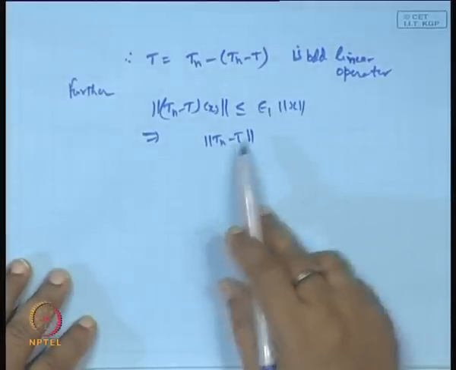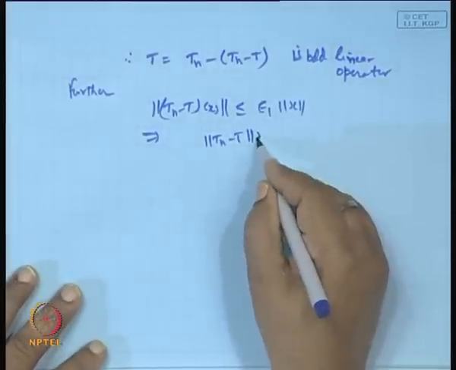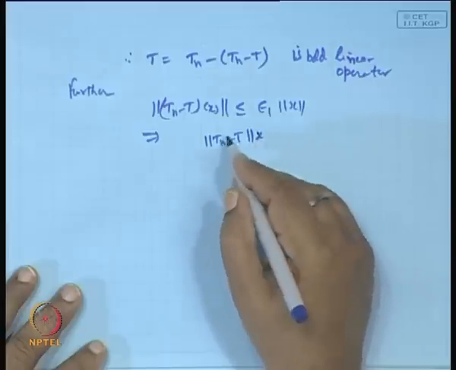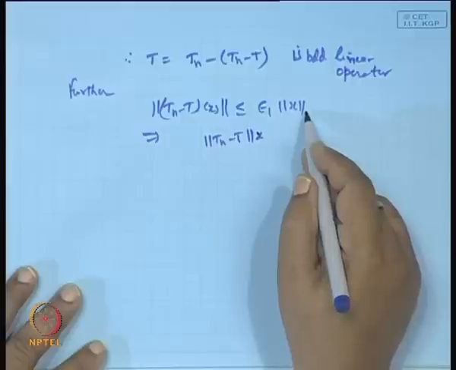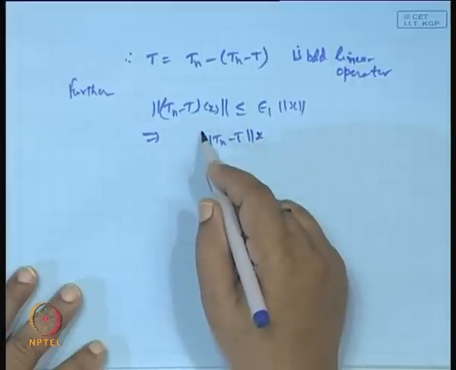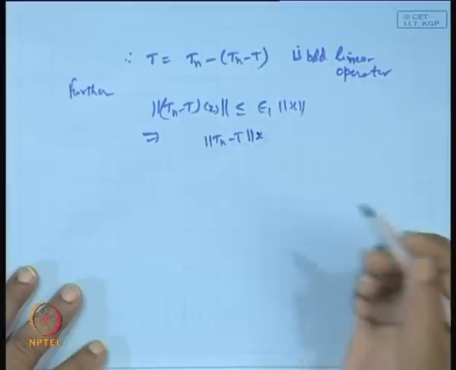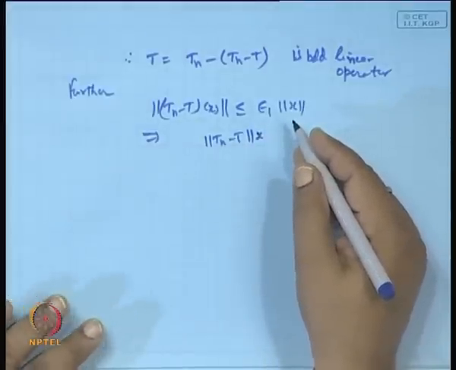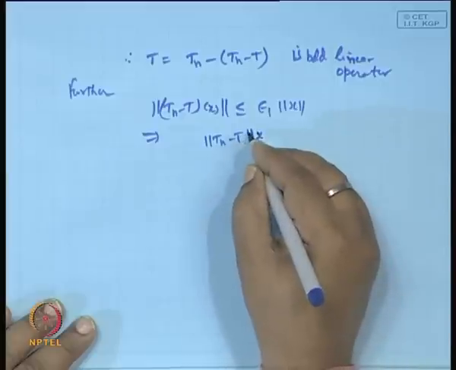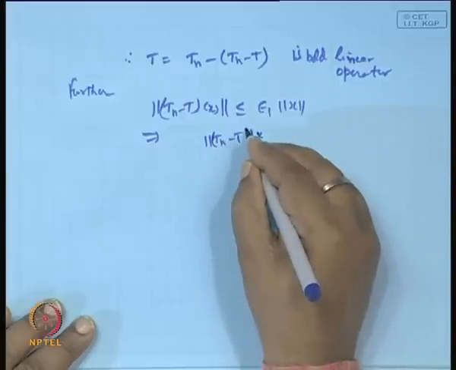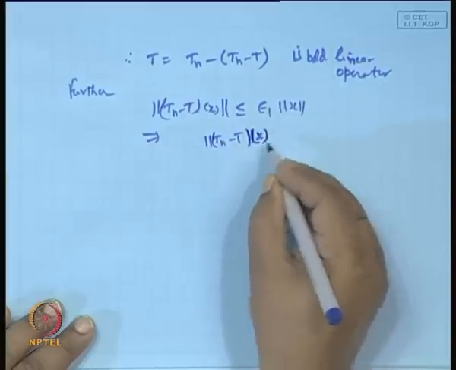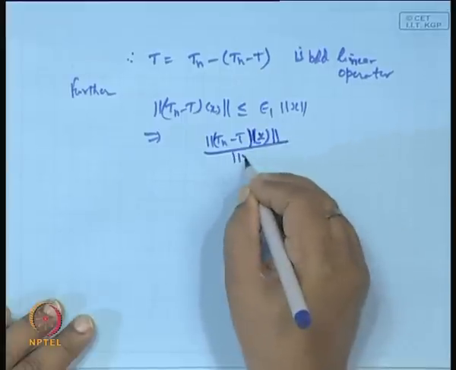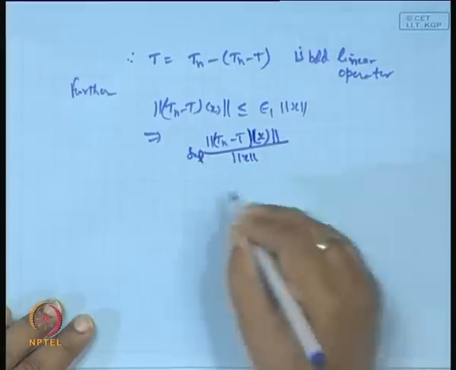Now, this will be equal to, if I take the norm of Tn x, what is the norm of Tn x? Take the supremum over all x. So it is bounded, and we get that the supremum of norm of Tn x is finite. Divide this by norm x and take the supremum over x.